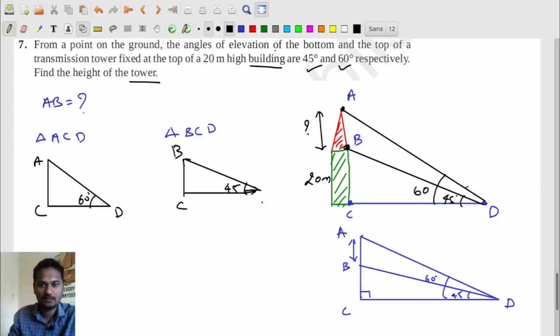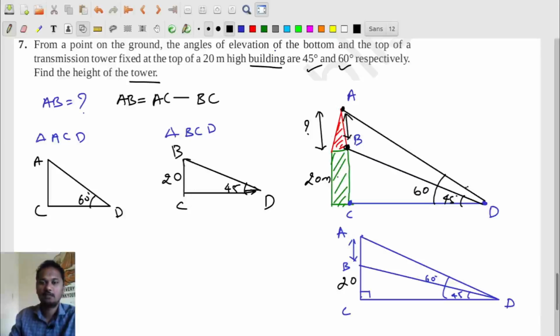This is your B, C, and then D, right? And the height of the building is given, so this is 20 here, right? And what do we need? We need AB. How to get AB? AB is equal to the whole length AC minus this BC. Yes or no? The whole length AC minus BC will give us the required AB.